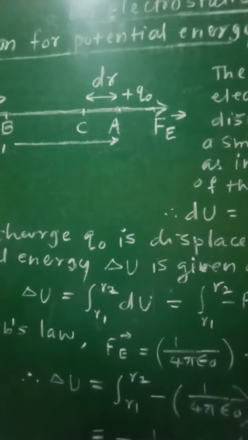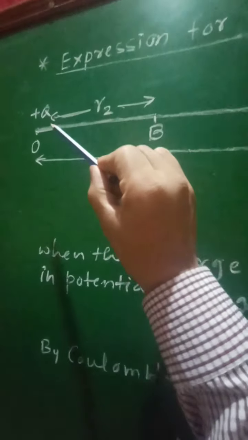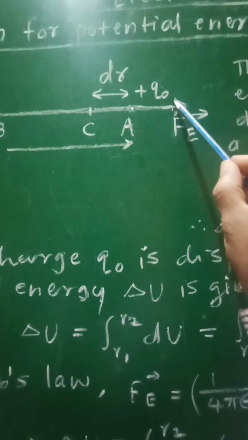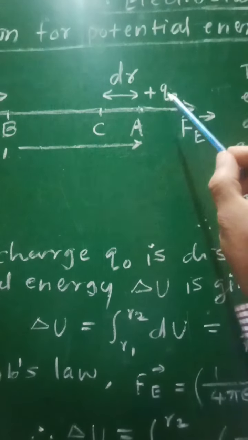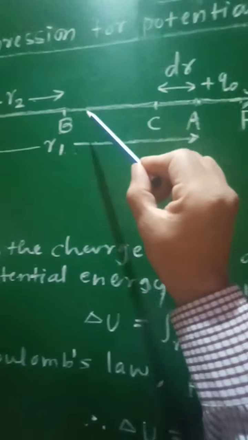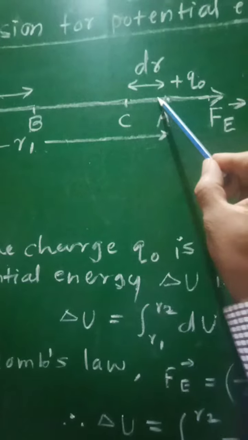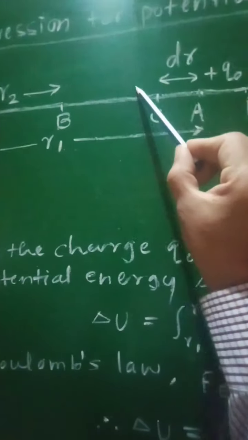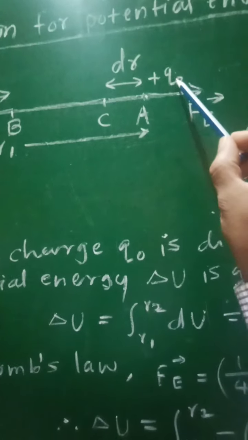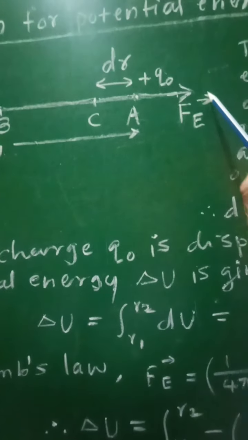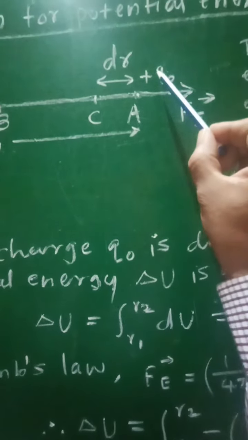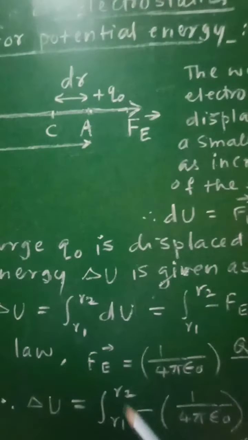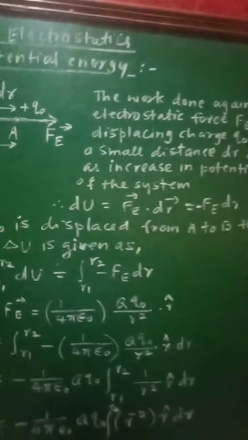As the charges plus capital Q and plus Q0 are similar charges, there will be repulsion between them, and hence this plus Q charge will repel the Q0 charge towards right, but we have to displace that Q0 charge towards left, and therefore work will be done.